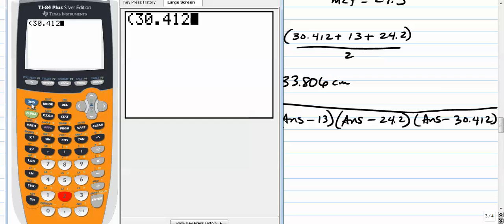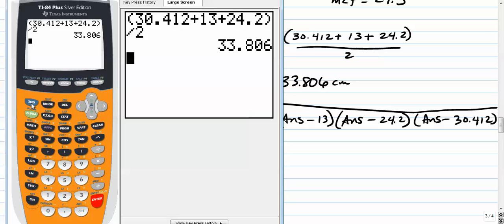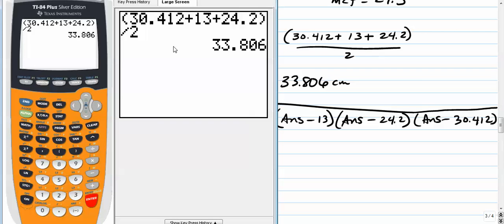30.412 plus 13 plus 24.2. So this is my semi-perimeter, 33.806. There were more decimals to that, but for our purposes, since I'm running low on time here, I'm going to just use that. And that's our semi-perimeter, so I want to go second square root. And I'm going to enter that in right there. Open. I'm going to try to be a little bit more careful here. I think I was going too fast. Minus 13.